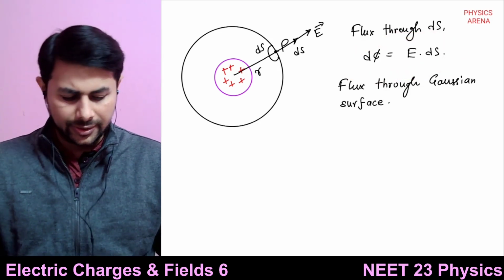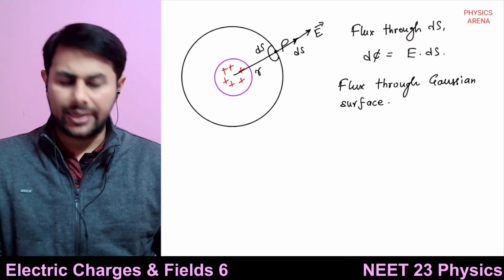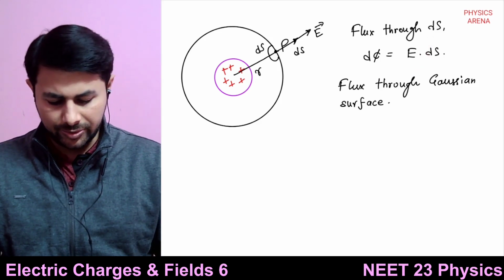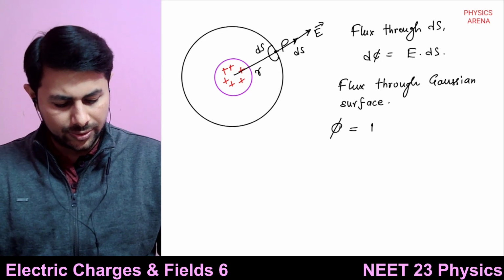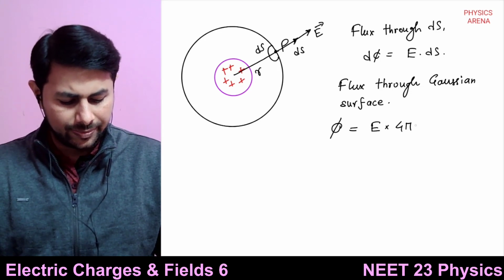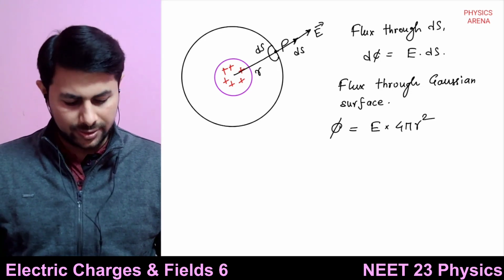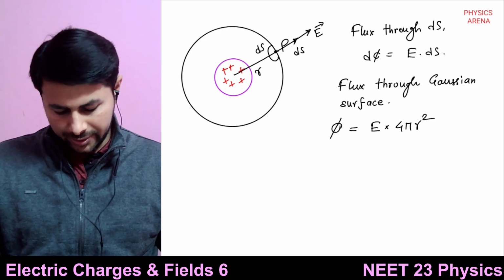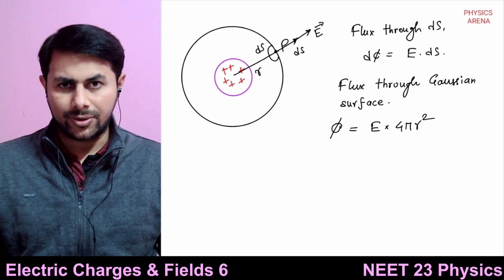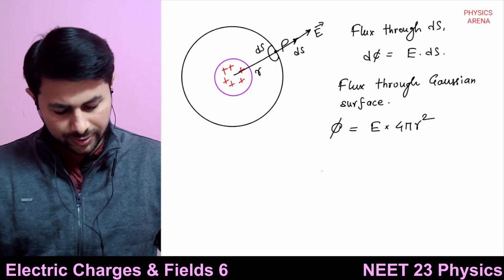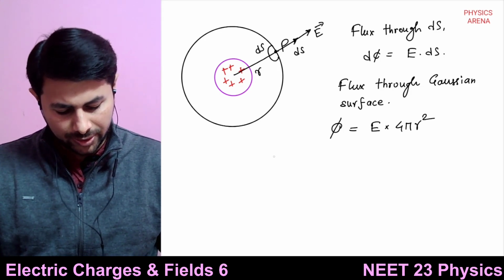E will be constant, you can take it outside. Integral of ds is equal to 4 pi r square. So phi equals E multiplied by 4 pi r square, and this flux is equal to charge enclosed divided by epsilon naught.